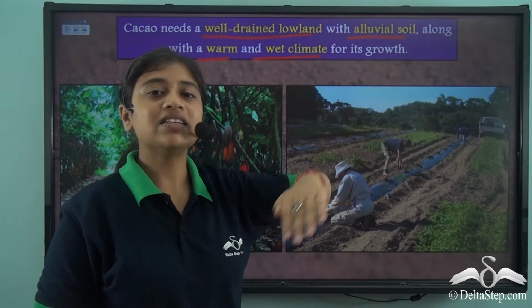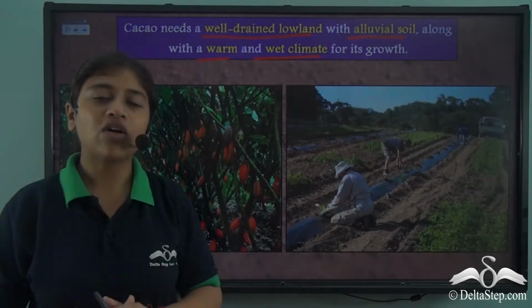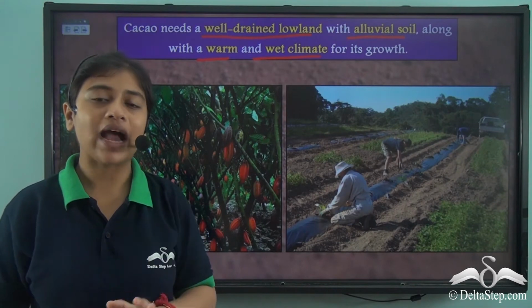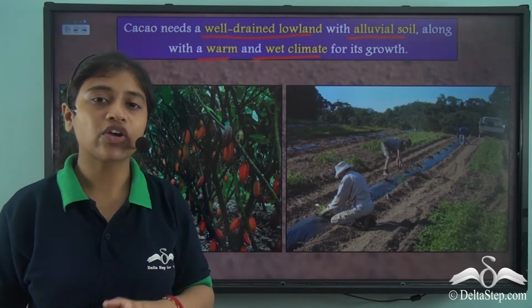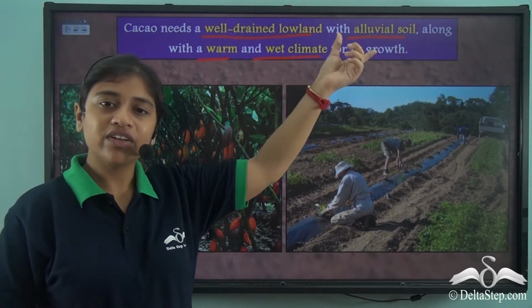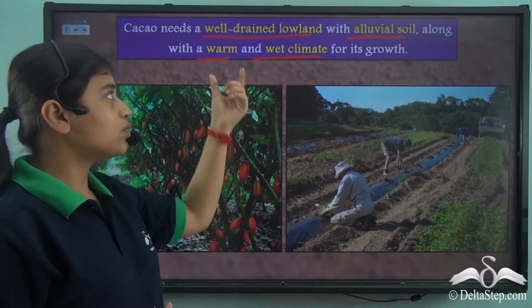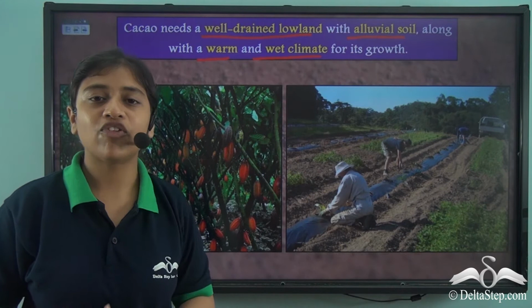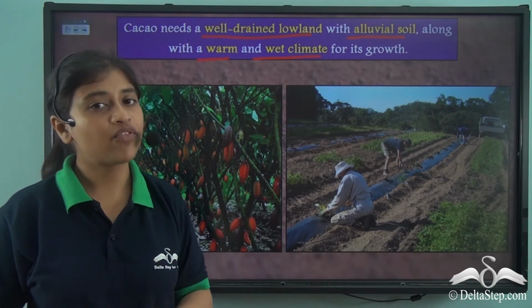It requires a well-drained lowland, because if the lowland is not well drained and there is waterlogging, then it will destroy the crops. So, the cacao plant requires a well-drained lowland with alluvial soil which is porous and clayey, and a wet and warm climate, which is typical of all the tropical evergreen forests.